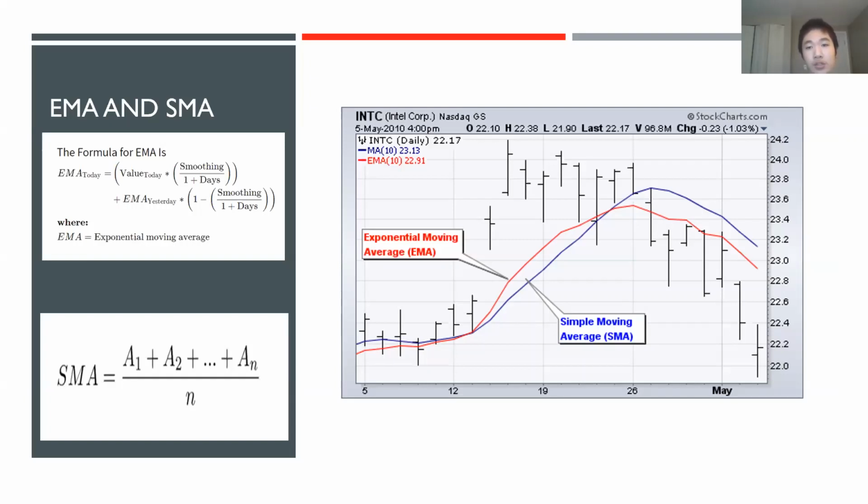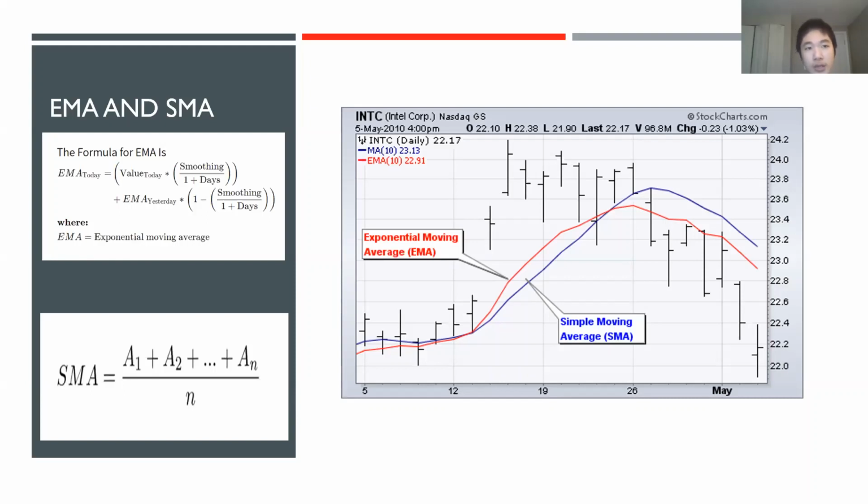If you look at the chart that I show you for Intel Corp from Nasdaq, looking at the bar chart, important note that it's a bar chart, not candlestick, from May 12 to 19 May, the price lies above the exponential moving average and simple moving average. But what I want you to look at is how EMA lies above SMA. It's because EMA, as I mentioned before, puts more emphasis on the most recent price change. EMA is more sensitive towards the most recent one.